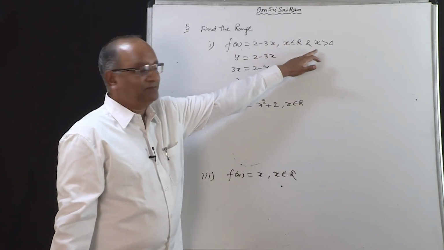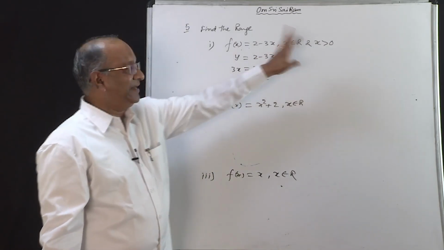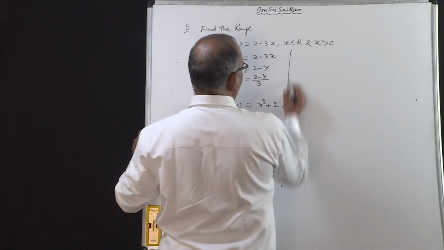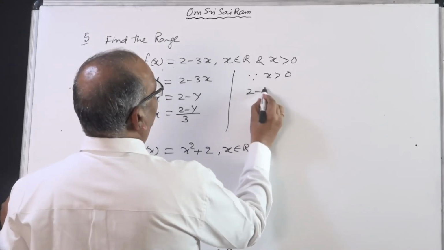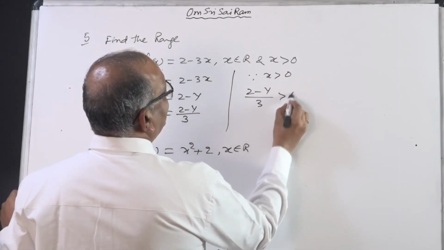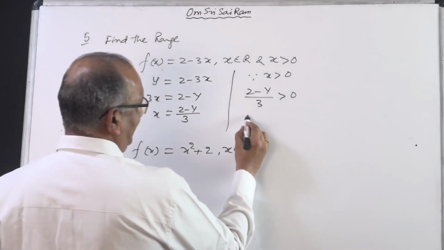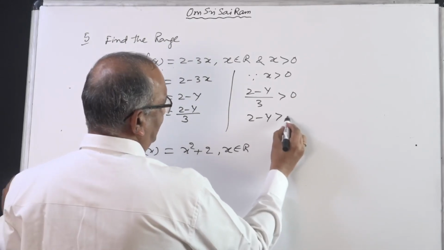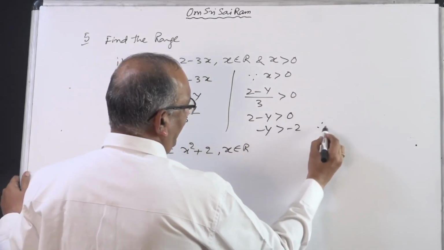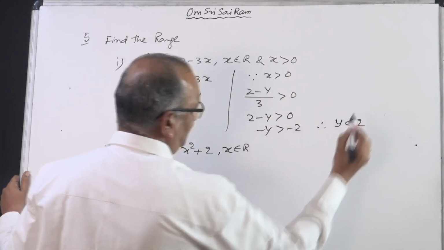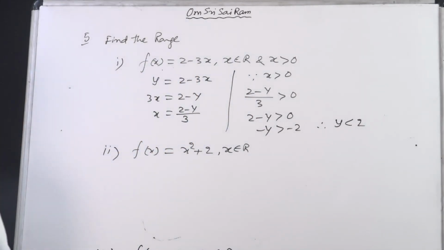And what is x? x according to him is greater than 0. So since x is greater than 0, we can say that 2 minus y by 3 is greater than 0. Take 3 that side. 2 minus y is greater than 0. Minus y is greater than minus 2, hence y is less than 2. And that defines the range.